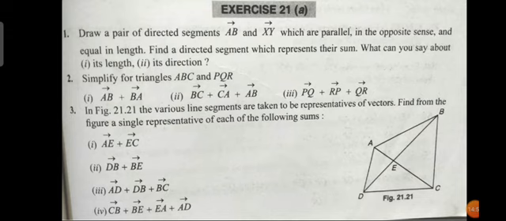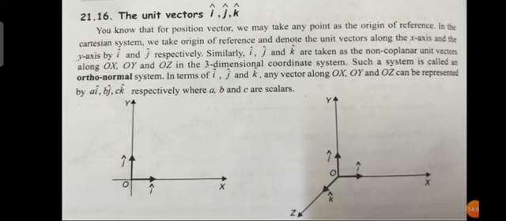And next are the unit vectors: I cap, j cap and k cap. These are the unit vectors in three dimensions, the 3-dimensional coordinate system you have studied. In that coordinate system, you just use I, j and k.